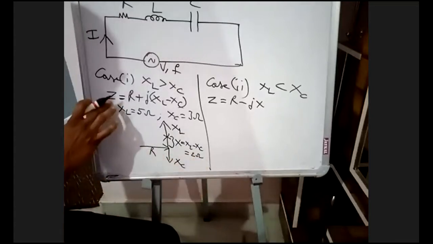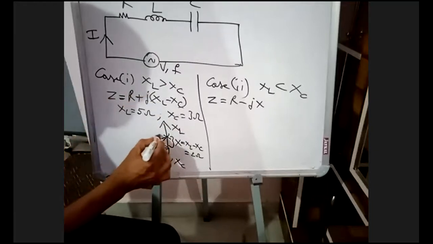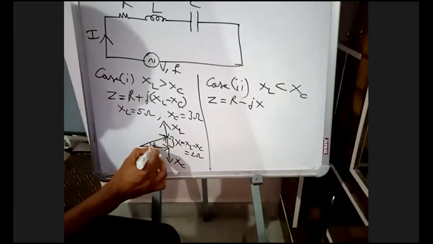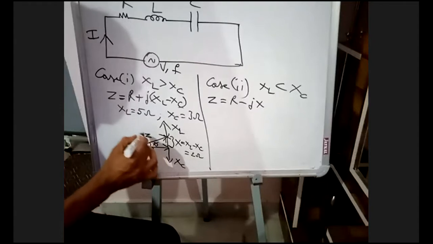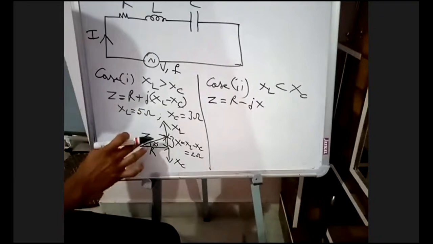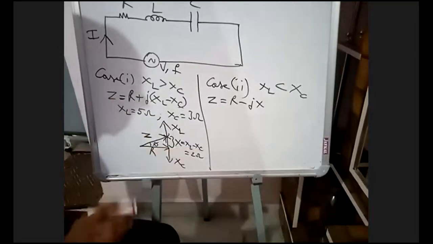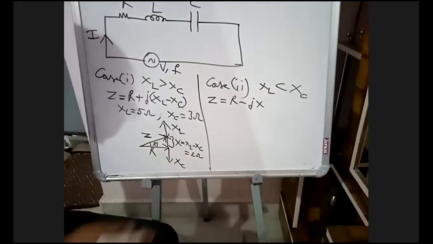Now Z is the resultant of R and X. Z is not the resultant of R and XL. Z is the resultant of R and X, where X is XL minus XC on the positive side. Now come here.